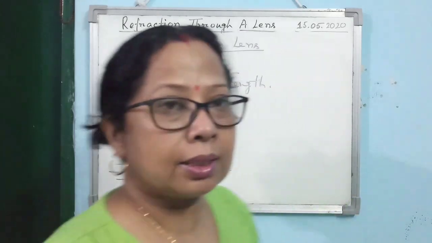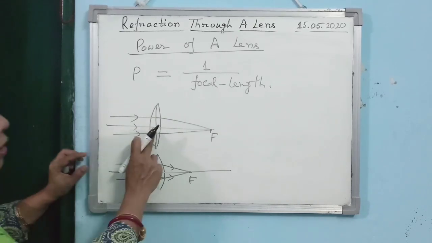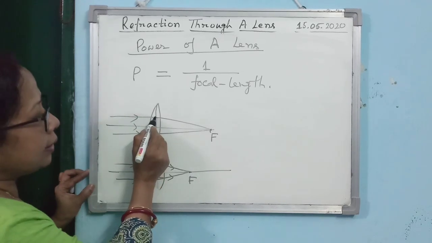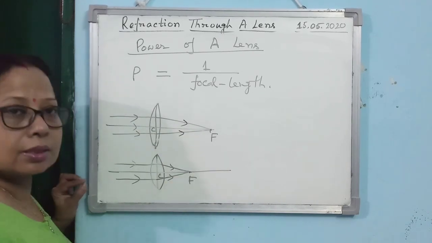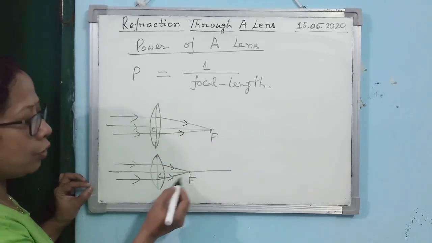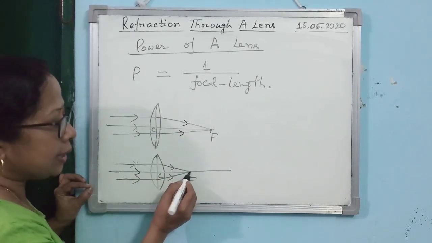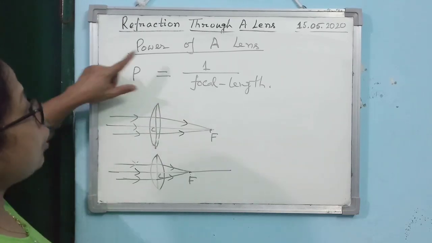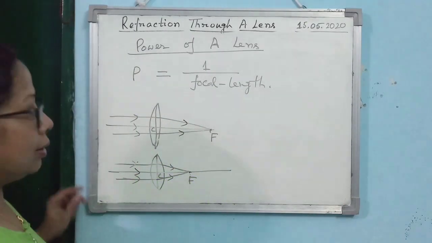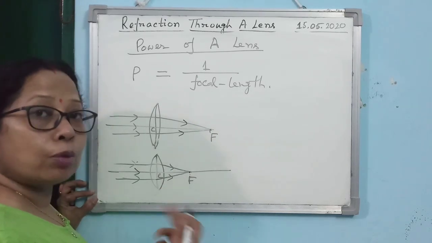Alright. Now let us try to understand it. Consider these two lenses. For this lens, focus is here. So you see, when parallel beam of rays will fall on it, then they will converge at the focus. Clear? Now you see focus is far away. Now consider this lens whose focus is nearer. So when parallel beam of rays falling on it, then it is converging at this point here. So if you apply the concept of power of lens just now I said, then can you please tell me, out of these two, which is having more power?